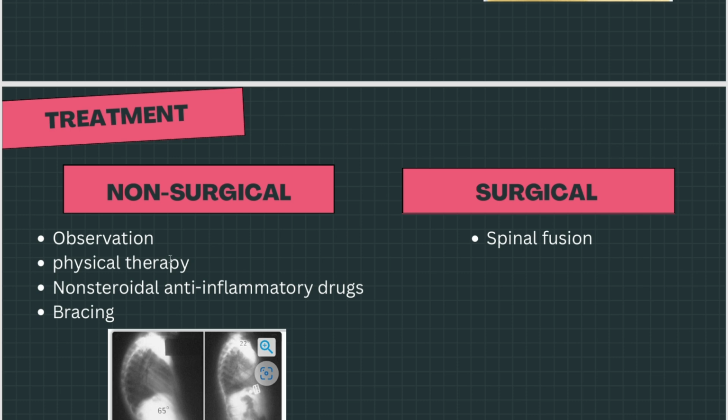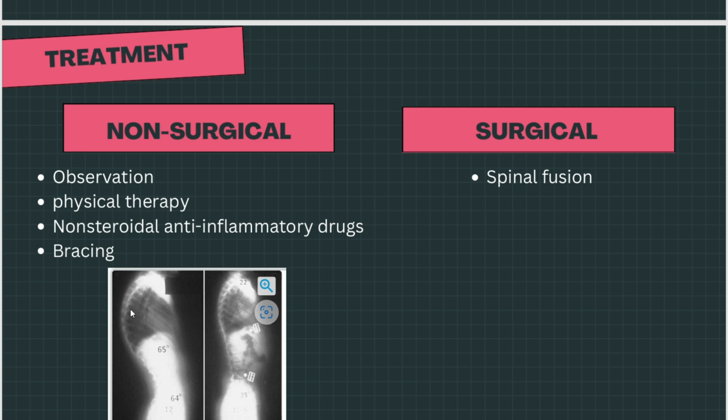Next is physical therapy. Specific exercises can help relieve back pain and improve posture by strengthening the muscles in the abdomen and the back. Next, we have non-steroidal anti-inflammatory drugs, including aspirin, ibuprofen, and naproxen, which can help relieve back pain. And lastly, we have bracing, which is recommended for patients with Scheuermann kyphosis who are still growing.